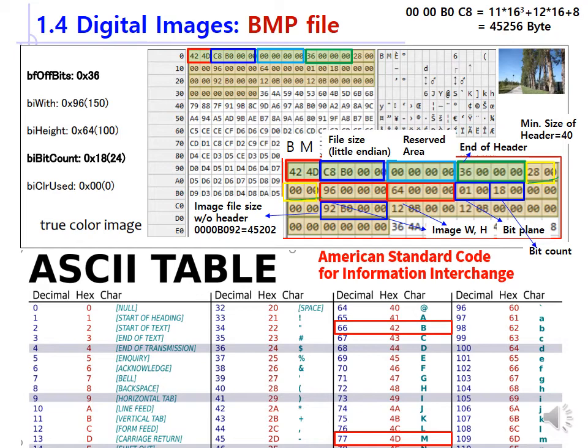The first 4 bytes, 28 00 00 00, mean this is the minimum size of a header. So 28 in hexadecimal means 2 times 16 is 32, plus 8 is 40.